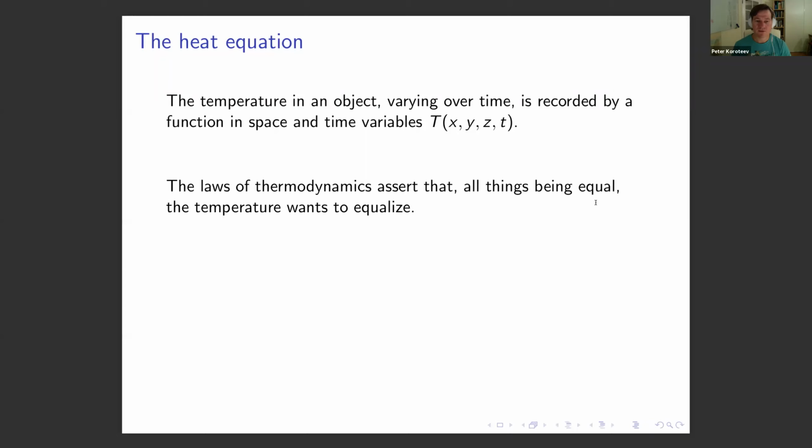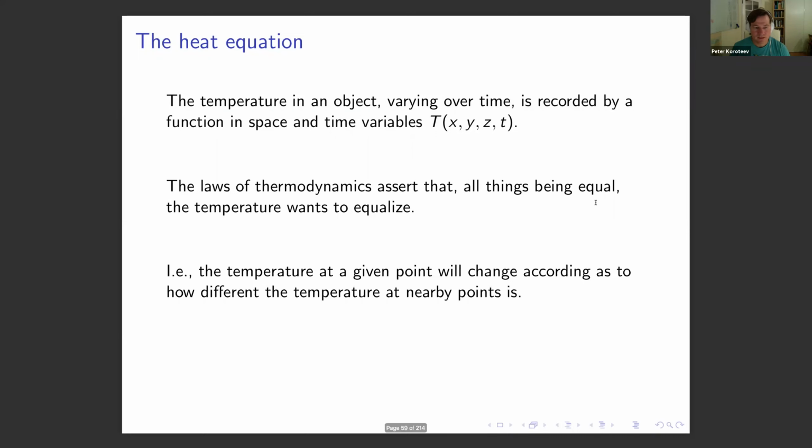Now, the laws of thermodynamics, which is a branch of physics that studies heat phenomena, state that all things being equal, the temperature wants to equalize, right? So unless there are external sources or sinks where the heat can leave, the temperature wants to equalize, unless something fancy happens. So for instance, the temperature at a given point will change according to how different the temperature at a nearby point is.